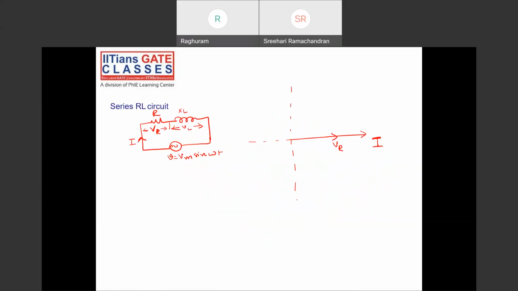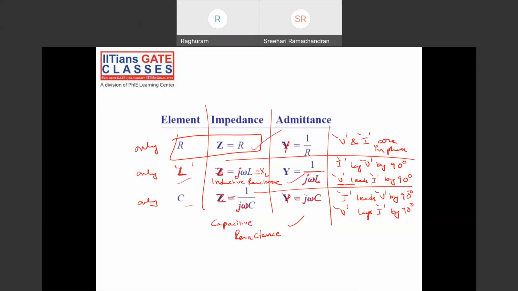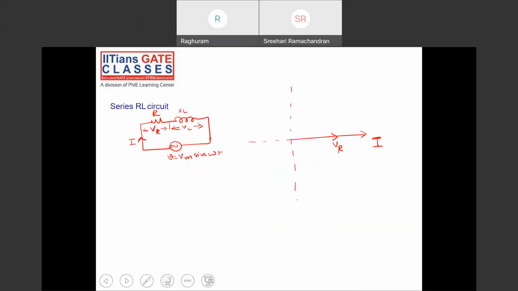How will VL be with respect to I? Voltage and current through an inductor: voltage leads I by 90 degrees. This is VL. The resultant of these two is my total voltage V. The angle is some phi, which depends upon the magnitudes of VR and VL.